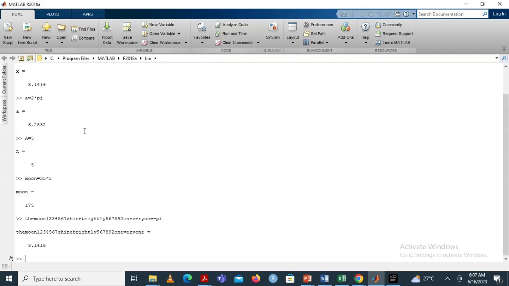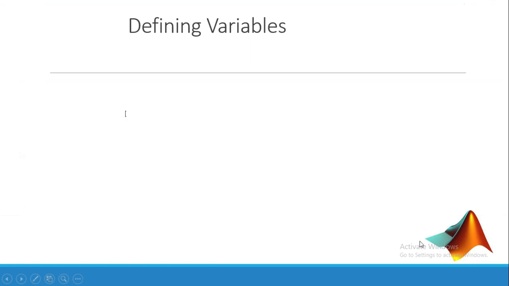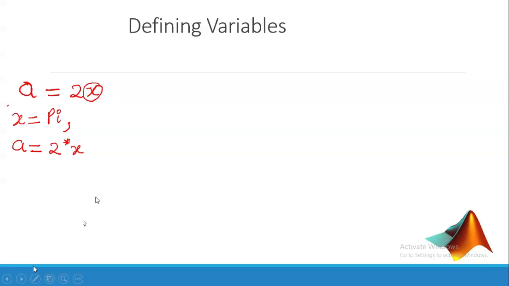So as we saw from the beginning, you can use variables to perform calculations. Now let's see, if I have an equation like x is equal to a plus b divided by c, in this equation I have to define the variables a, b, and c.